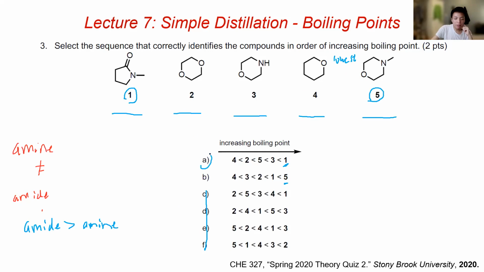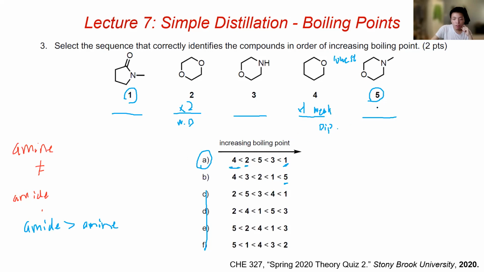Yeah, 8. So for 4, it only has 1 weak dipole. This one has 2. That's why 2 is stronger than 4.